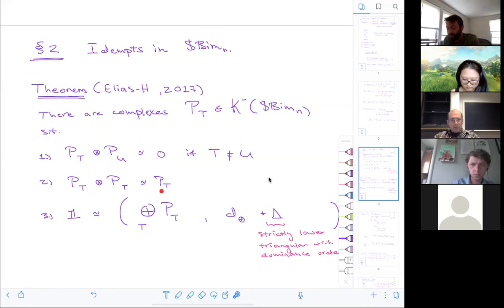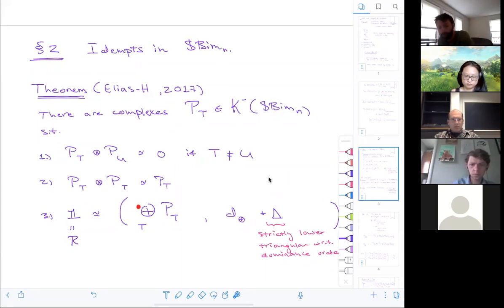And then this statement that you have enough idempotents, that they add up to the identity, is manifest on the categorified level by this identity. You take the monoidal identity in the Soergel category, that's the identity bimodule. You think of this as being a complex just supported in degree 0. As a complex, it is homotopy equivalent to some elaborate arrangement of these PT.